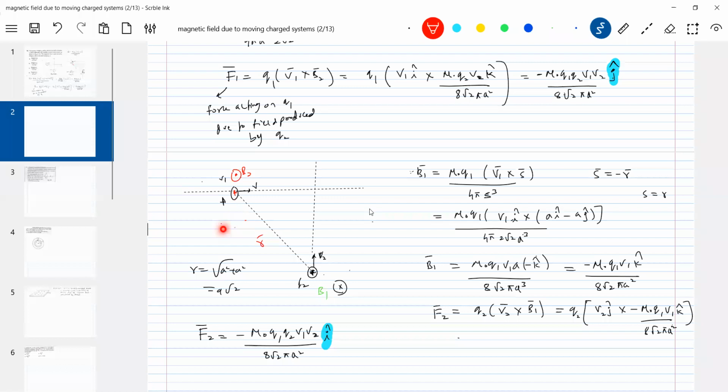So the force acting on, this is the one we took on Q1 due to, I'll make a correction. This is correct here. This is F1 here, right?